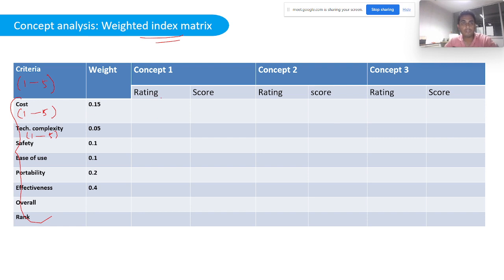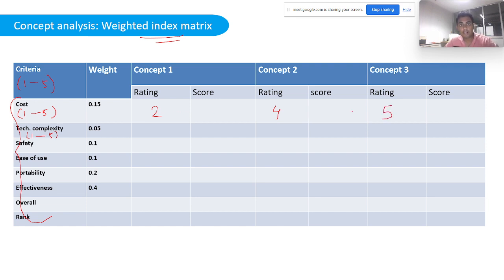So cost of concept 1 probably is more, so score is 2. Concept 2 cost is less, probably it is 4. And concept 3 is the best, lowest price, that's why its score is highest.